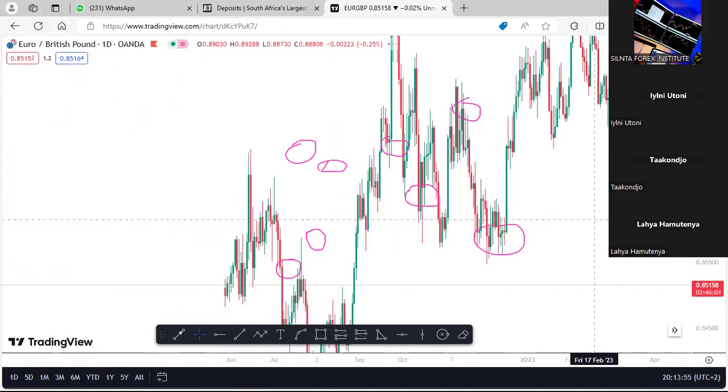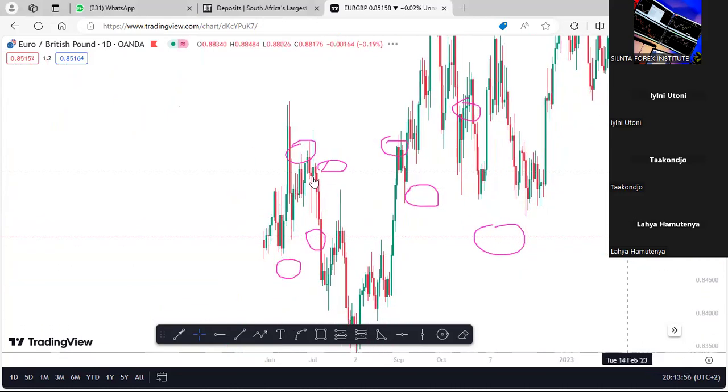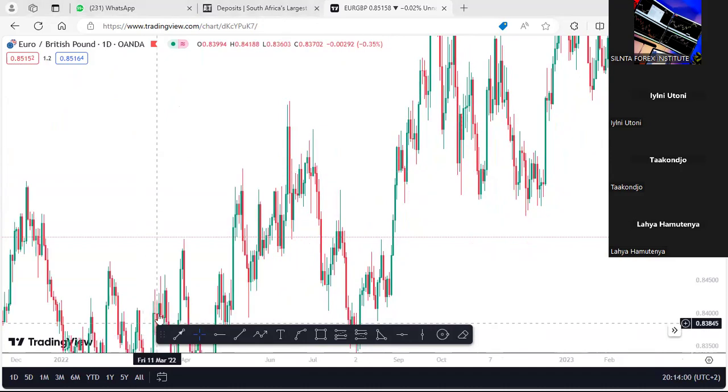If I bring you here, you can easily identify where are the resistance, where are the support. Let me test you if you understand. What area is this one? Support. This one? Resistance.